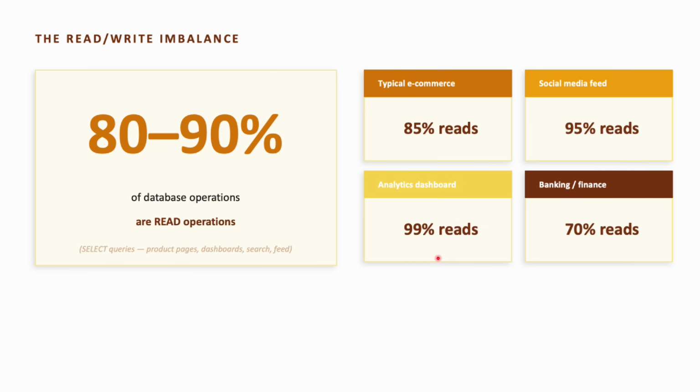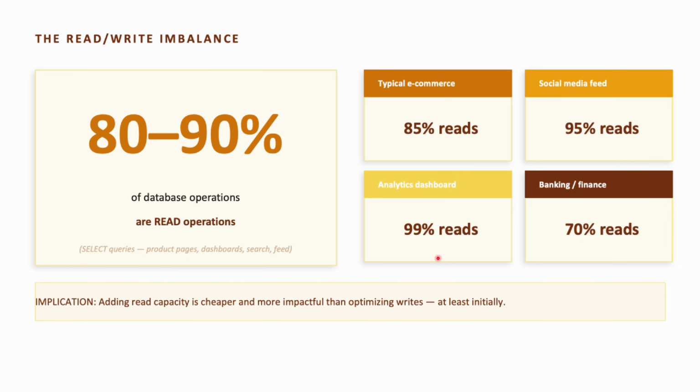This imbalance is actually good news, because it means most of your database load is on the cheapest kind of operation to scale. Reads do not need to be on the primary database. They do not need to be strongly consistent. They just need to return accurate enough data quickly. And this opens up a whole set of scaling strategies.